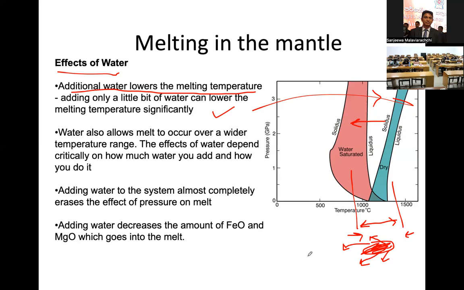Gradually, the water is added. The dehydration is taking place gradually. So initially, maybe a little bit of temperature drop is there. Then more than that, and again maybe significantly greater, and finally maybe the entire region.